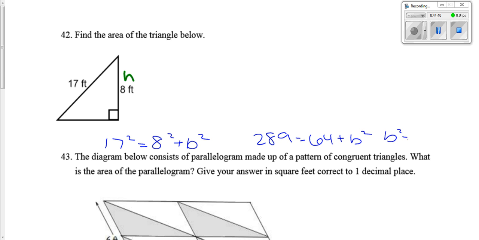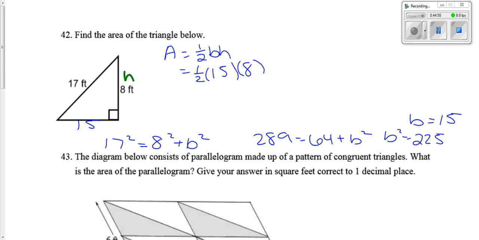So b squared equals 225. So b is 15. So I know this time I can just use the area equals 1/2 base times height. So I get 60 squared for my area.